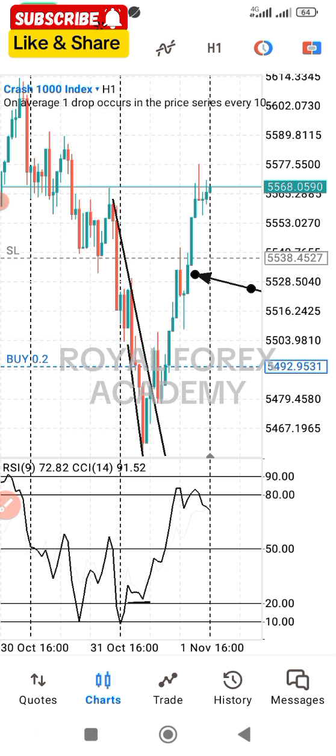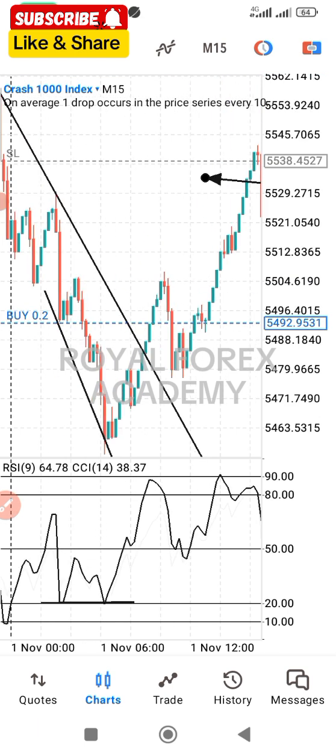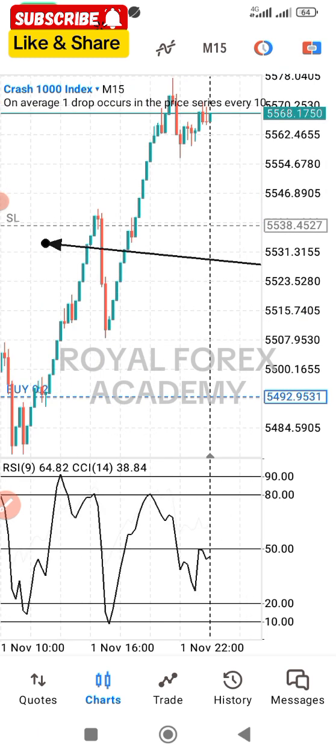So this is how I will trade my divergence. So this is how to find entry, this is how to trade divergence. You can see the sniper entry, very perfect sniper entry with minimal risk, and we are on our way to the upside.